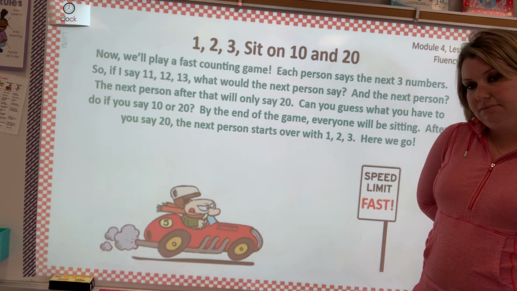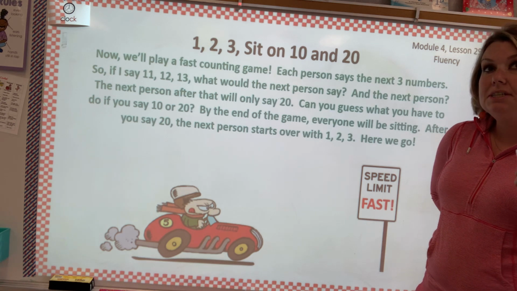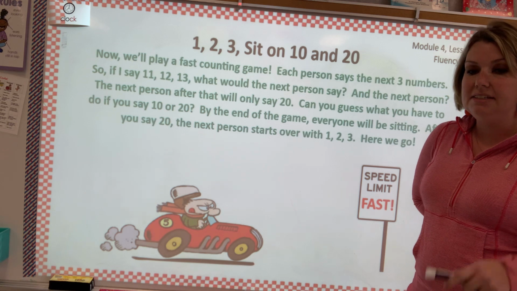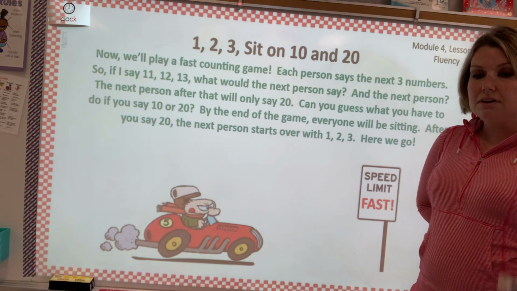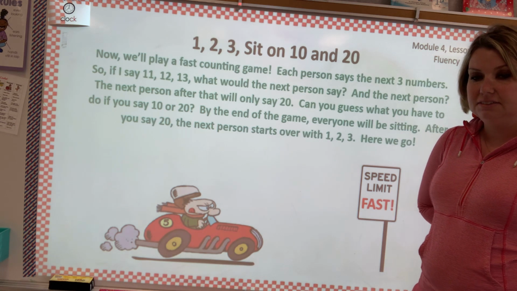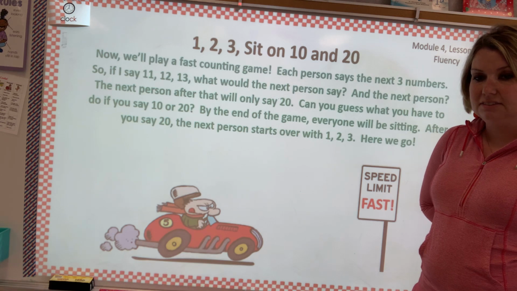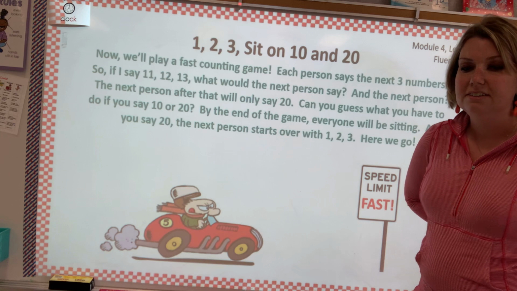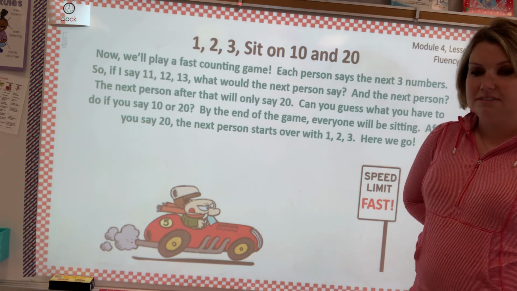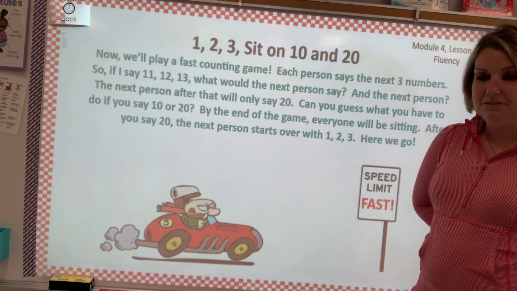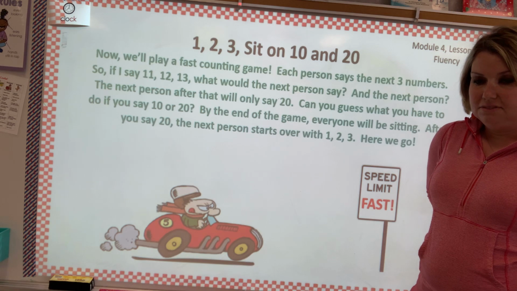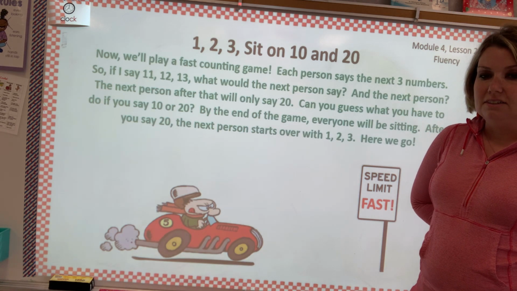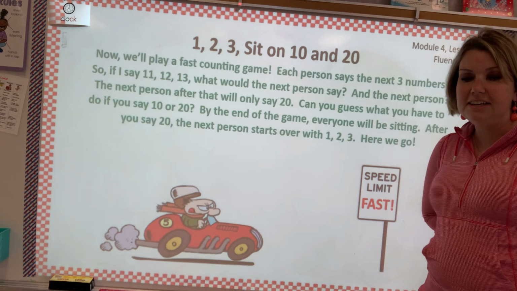She did 14, 15, 16, so you do 17, 18, 19. Russell. 17, 18, 19. Okay. Russell, count yours. What comes after 19, Russell? 20. So you gotta sit down.